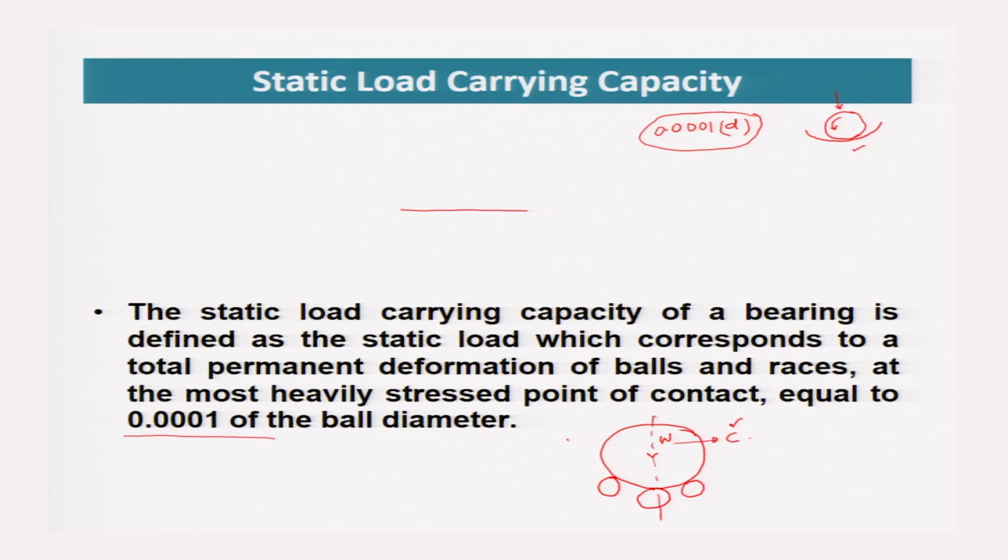This amount of load is applied, and a total permanent deformation of balls and races at the most heavily stressed point of contact, this is the most heavily stressed point of contact, is equal to, here the deformation delta is 0.0001 times diameter of either ball or the roller.